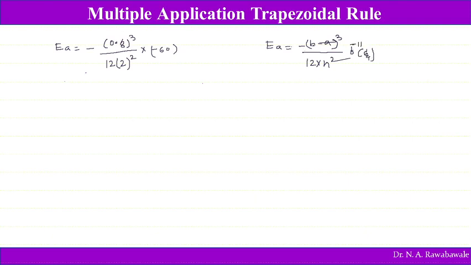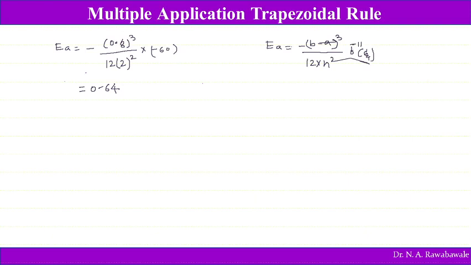Here b means 0.8, a means 0, n means 2. F double dash of zeta is minus 60 that we have calculated. So this is how we use multiple application of the trapezoidal rule.